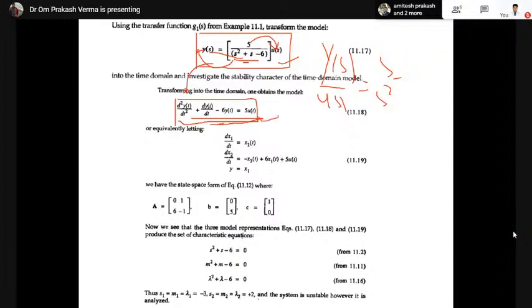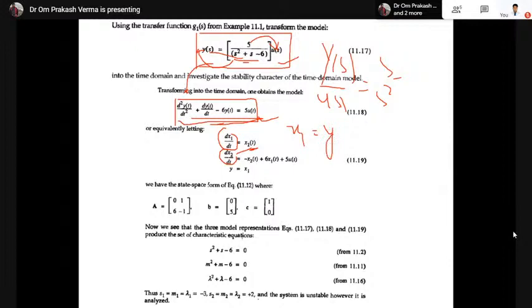Now for the state space equation, as you know, dx1 by dt is taken as x2, and dx2 by dt is the derivative of this one. Here we have x1 equal to nothing but y.